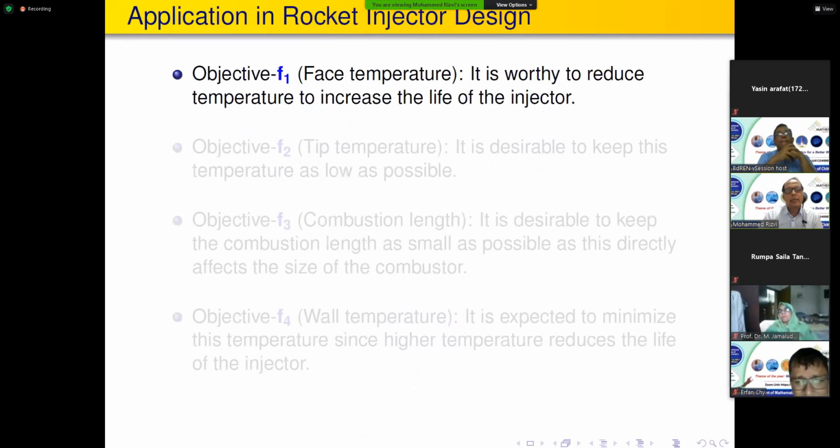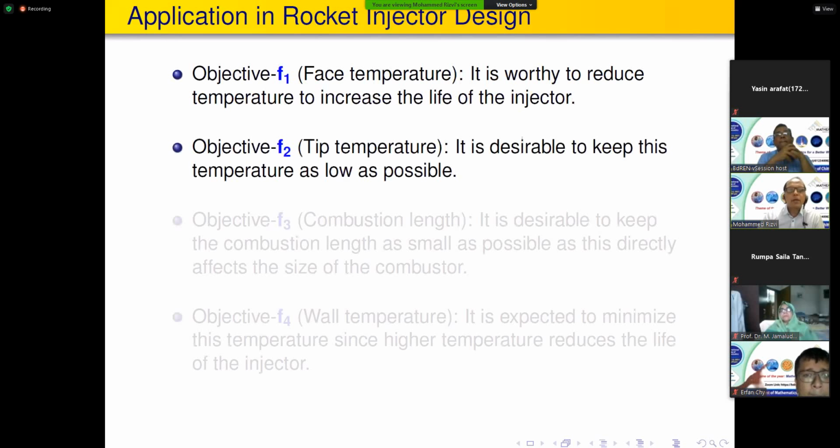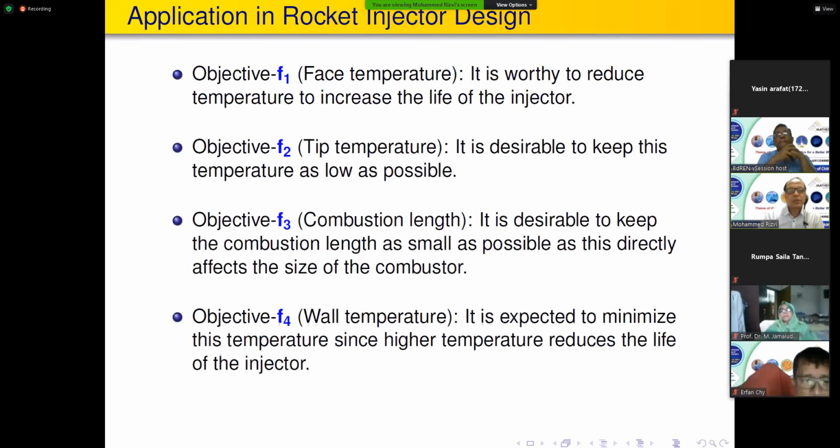And at the end, I don't have time, so I'll just quickly go through the rocket injector design problem. At the end, we tried to apply our proposed techniques to a real life application. In that case, we chose a 4 objective optimization problem, called the rocket injector design problem. In 2004 and 2006, Goel and Vaidyanathan worked for NASA.